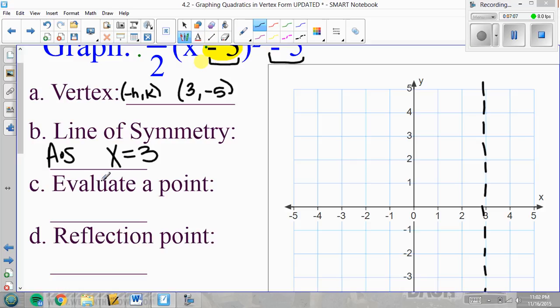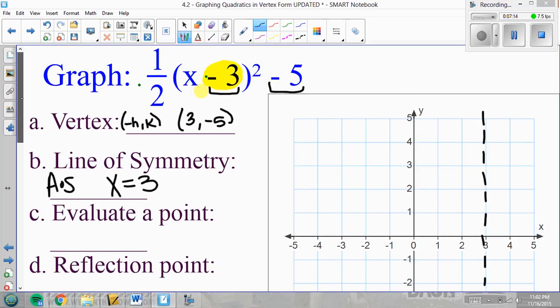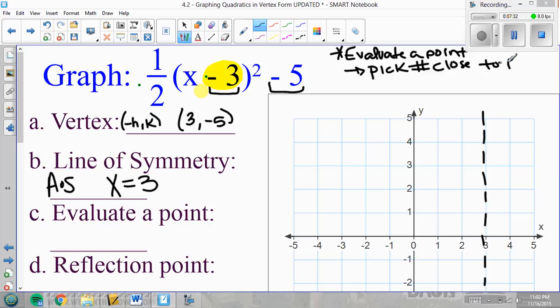Okay, the next, if you notice, it says to evaluate a point. So to evaluate a point, okay, I'm going to write this at the top because there's a little bit more room. So to evaluate a point, you pick a number close to the x of your vertex. You want to make sure you write this down. This will be very helpful.